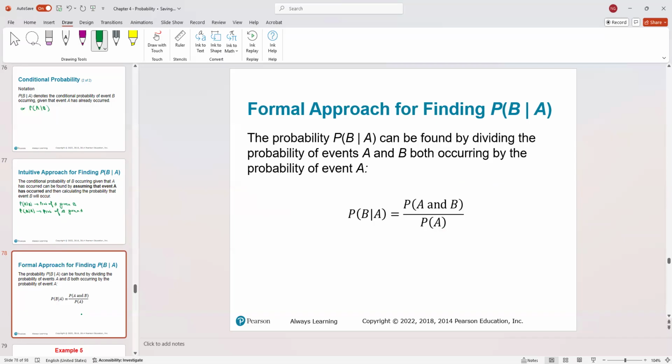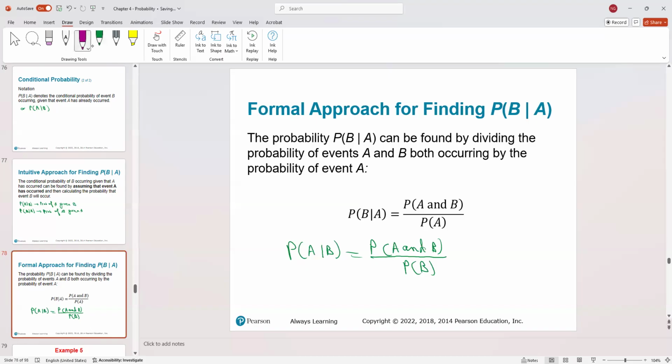It all depends on what you want to do. Probability of A given B, remember, you can do that also. It's the probability of A and B over the probability of B. Remember, we divide by the probability of the second element, the one we know. That's very important.